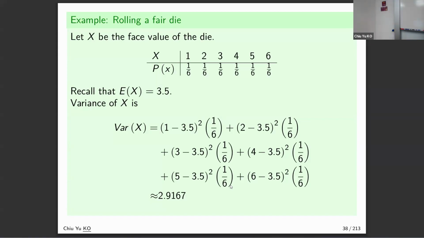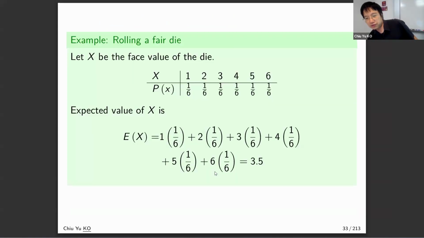I have six equally likely outcomes, each with probability 1/6, and the mean is 3.5. If you can't recall that, 3.5 comes from multiplying vertically and adding them up.